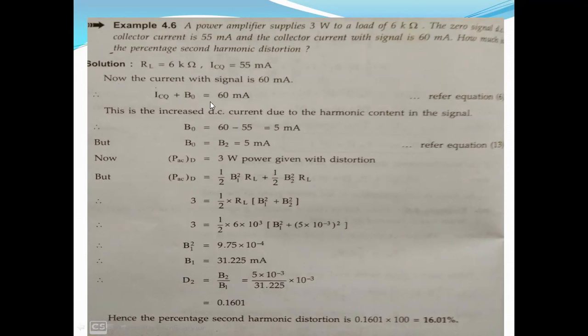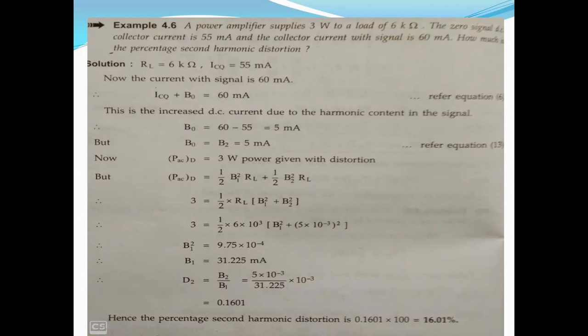And from this equation, what is B0? B0 is equal to 60 milliamps minus ICQ, that is 60 milliamps minus 55 milliamps. So 60 minus 55, that is 5 milliamps. So B0 is equal to 5 milliamps, and we know B0 is equal to B2.